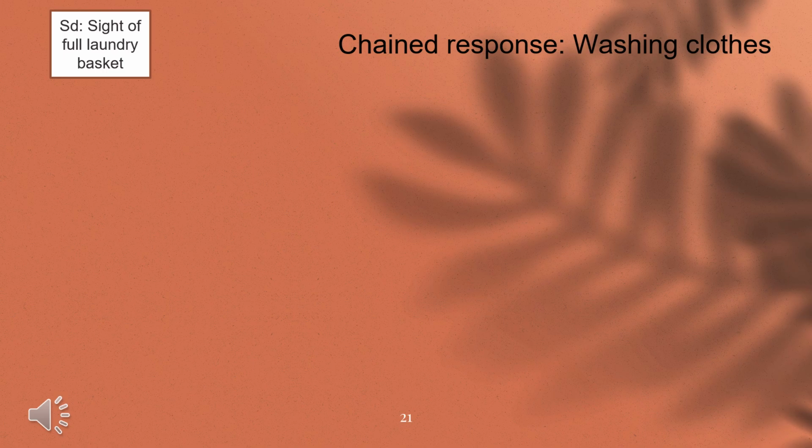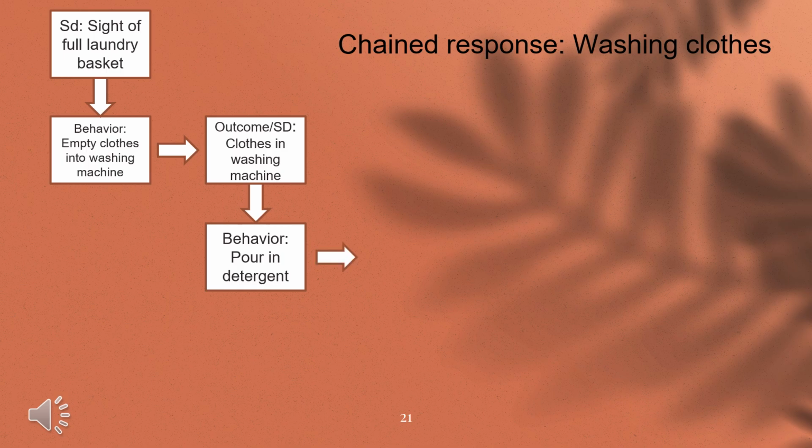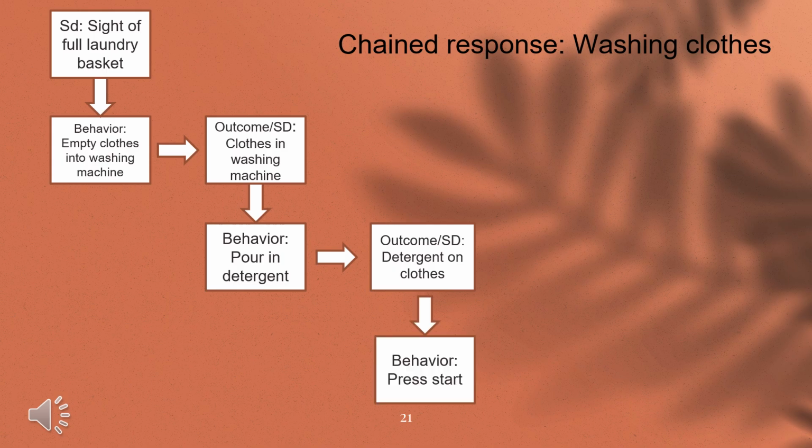This is what evokes the response of emptying your dirty clothes into the washing machine, which results in your clothes now being in the washing machine. This outcome is also an SD for you to now put laundry detergent into the washing machine, which clearly results in detergent now being on your clothes. This then signals the response of starting the washing machine, which will eventually result in your clothes being washed.